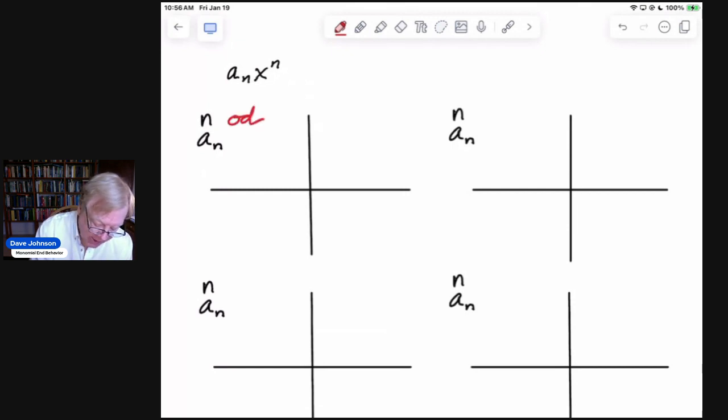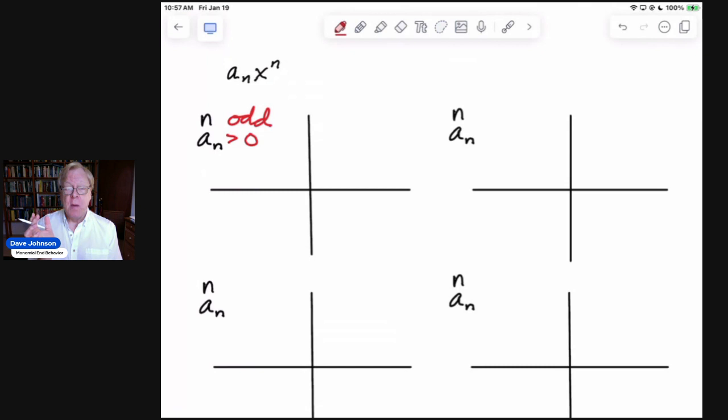If n is odd, in other words, it's an odd degree polynomial, like 1, 3, 5, 7, and so on, and the leading coefficient is greater than 0, in other words, positive. What's the most straightforward example of that? A straight line, x to the 1, or x, with a positive slope. The leading coefficient would be positive, and it's going to start low, end high. In other words, it's going to go to negative infinity on the left and positive infinity on the right.